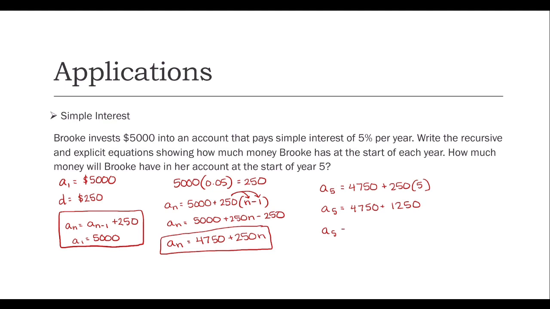So A5 equals 6,000. So she'll have $6,000 in her account at the start of the 5th year. And the reason we plug it into our explicit equation is because we can plug in any number here, versus in our recursive equation, we would have to know A4 in order to figure out A5.